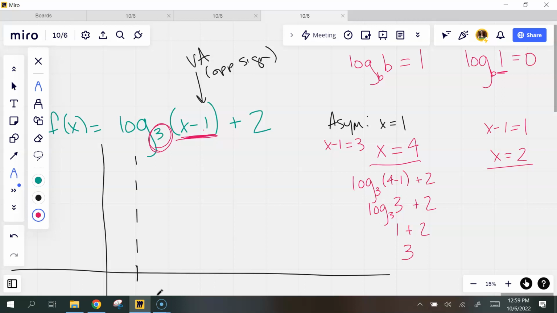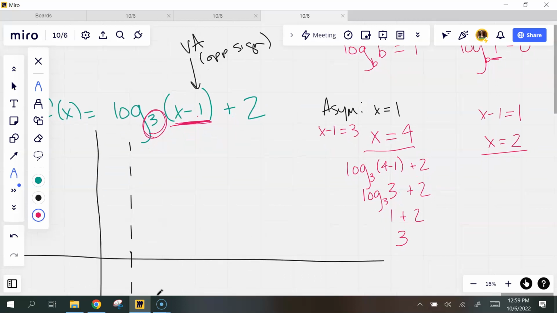So this point on this graph is 4, 3. 1, 2, 3, 4. 1, 2, 3. 4, 3. I plugged in 4, I got 3 back out.